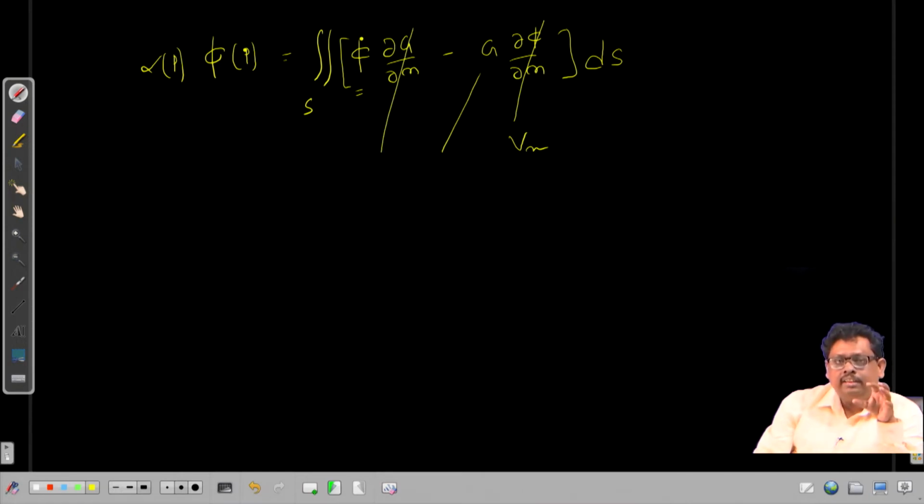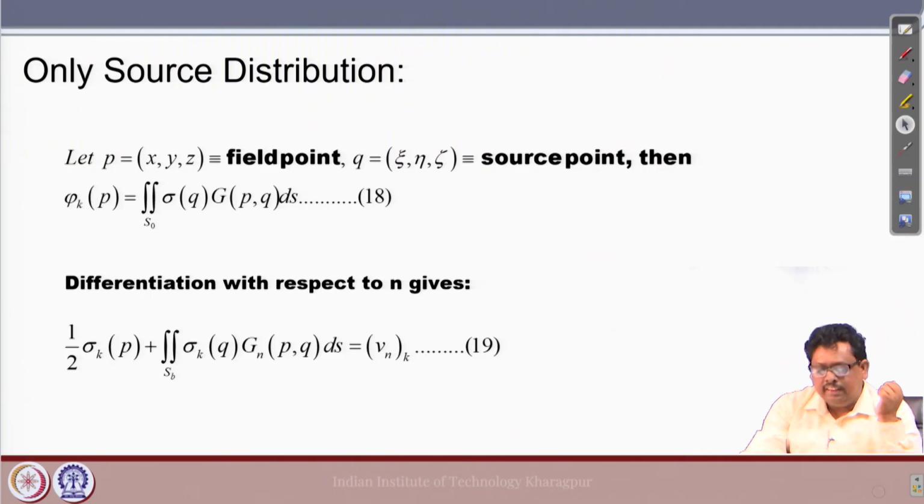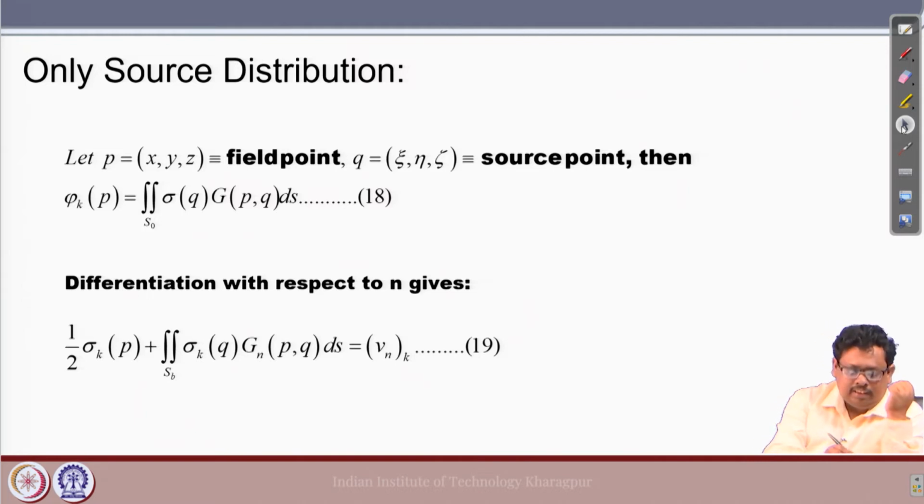So the only thing unknown to you is phi. Now, here you can see that you actually have two unknowns. One is that phi, which is of course what I am going to obtain, and the second one is sigma, the strength of the source, right.